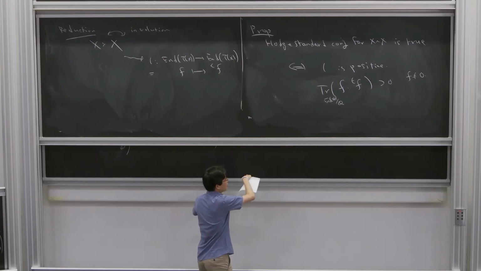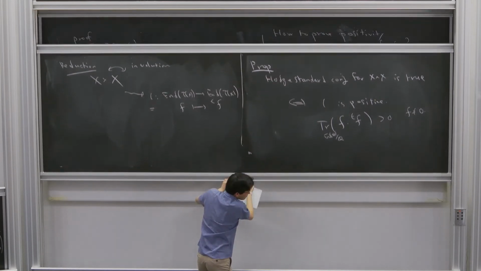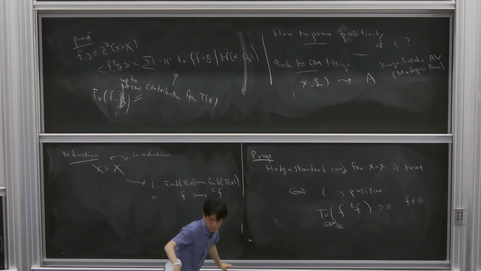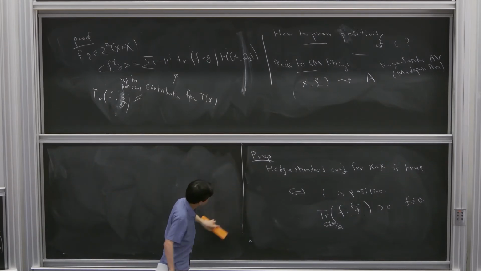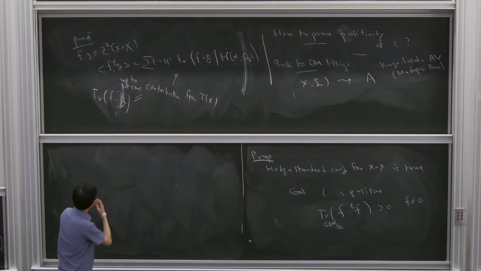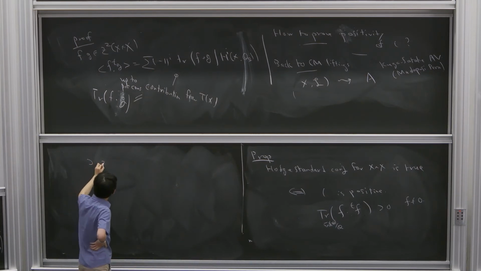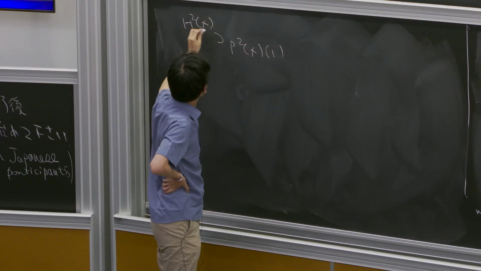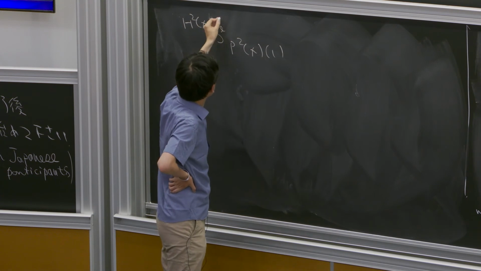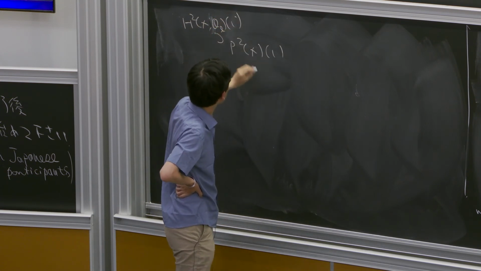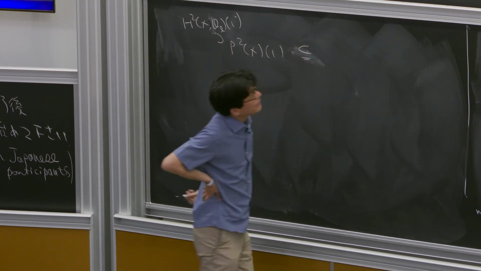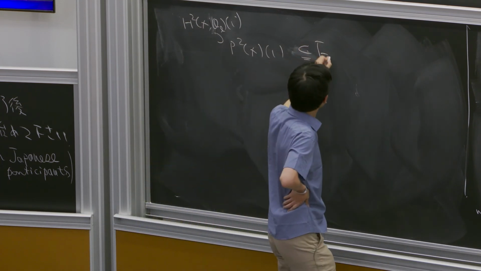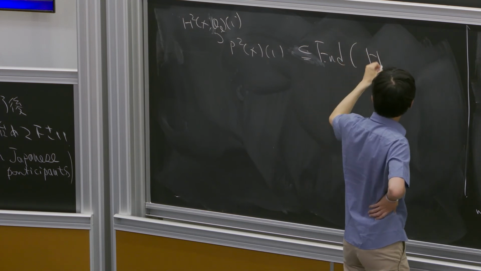I mean, this is a hard part, but the point is, if you look at the primitive part of the cohomology, say l-adic cohomology, then this is a subspace of the endomorphism of the l-adic cohomology of H1.